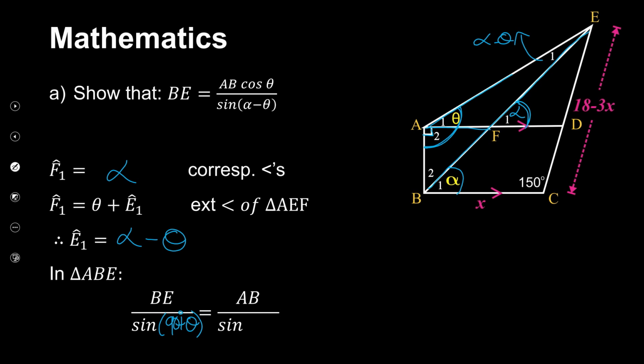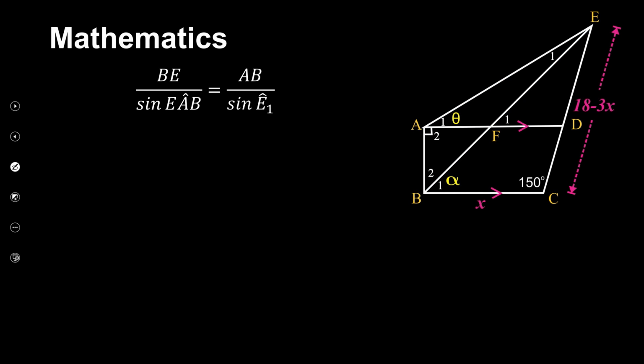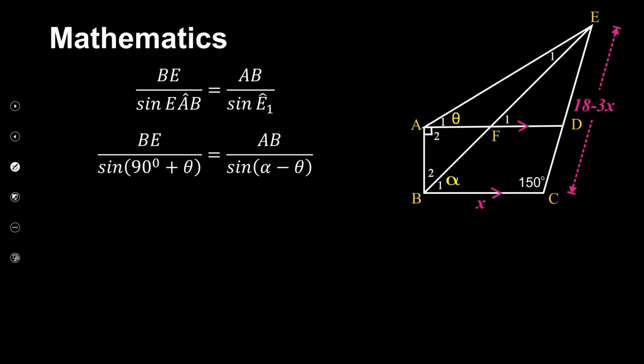The angle across from AB is this angle here, so it's going to be alpha minus theta. Because we're trying to find BE, that's where we ended up: BE over sine of 90 plus theta equals AB over sine of alpha minus theta.